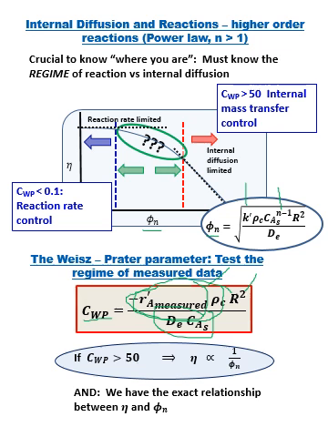If your Weiss-Prater parameter is larger than 50, regardless of the shape of your rate equation, you know that you are in the regime where your rate is severely limited by internal diffusion effects and you are actually in a range where it's an inverse proportional linear relationship. And in that range, we have equations where we can describe eta as a function of the Thiele modulus.